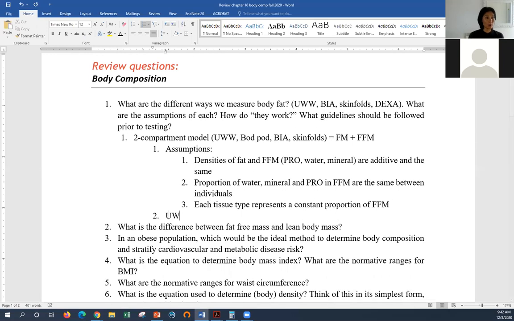So when we talk about underwater weighing, this uses Archimedes' principle, where the weight loss underwater is related to body volume.